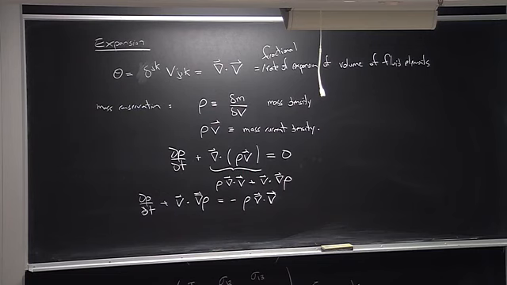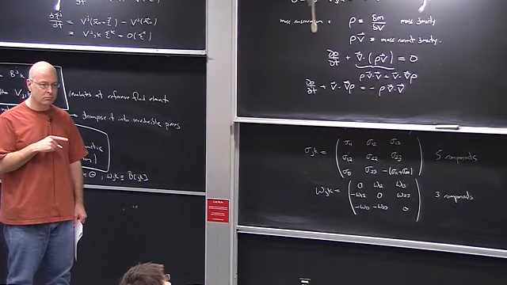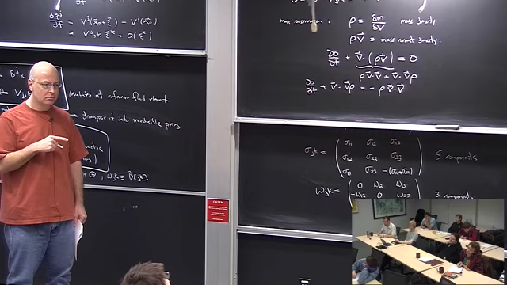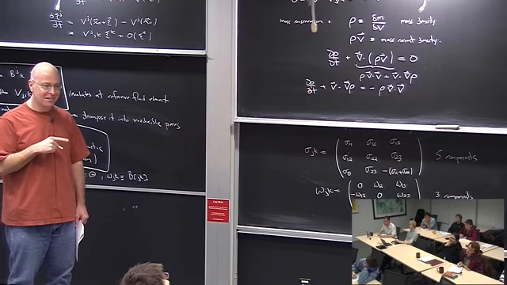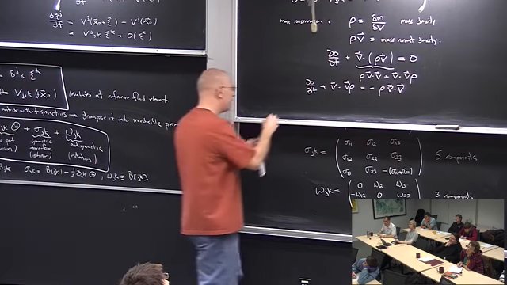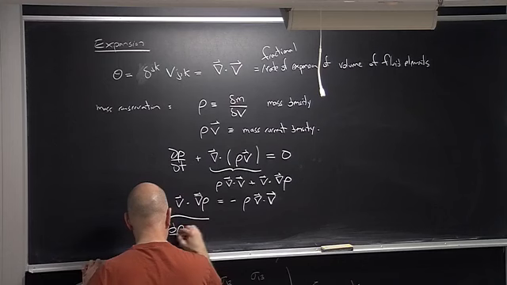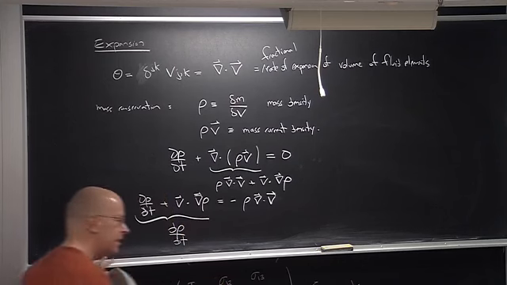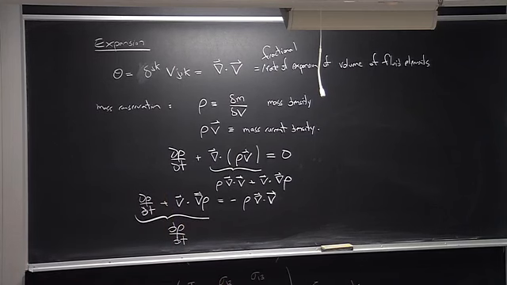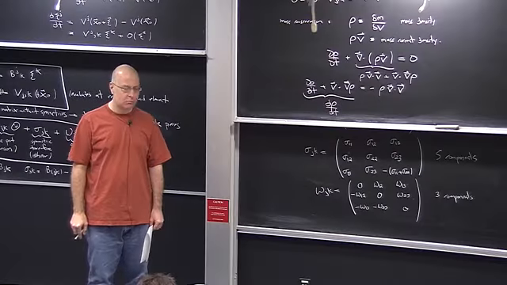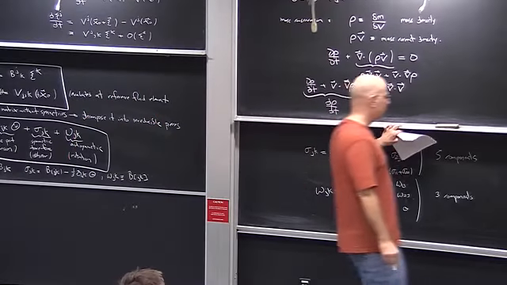Do you recognize the left-hand side? I'll take that as a no. This is the total time derivative of the density as I follow the motion of the fluid element. Let me just explain that.